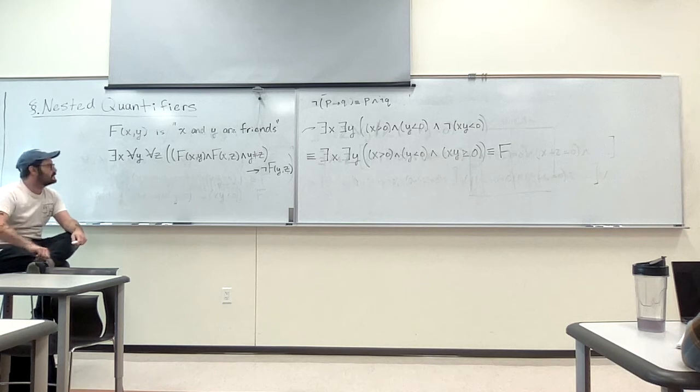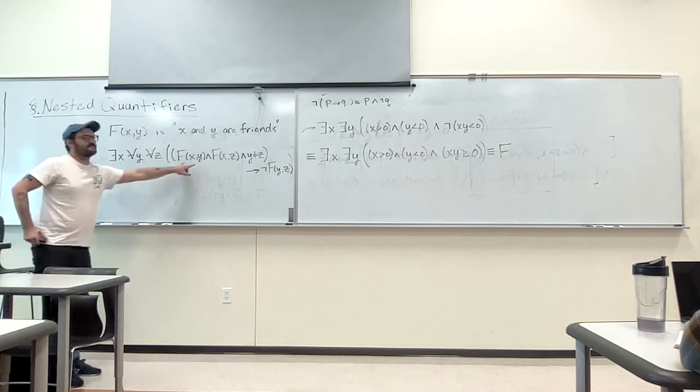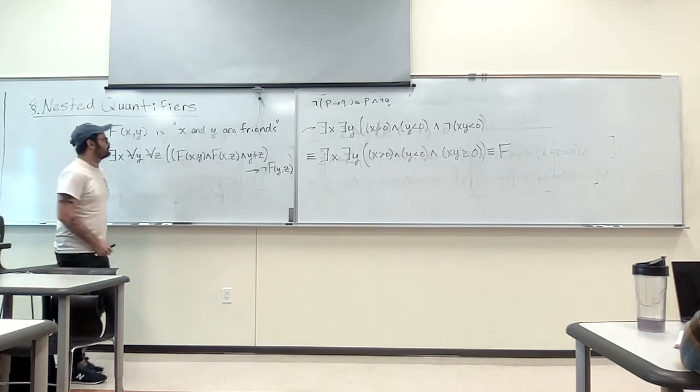Yeah, okay. So any more guesses? What's the symbol for y and z? Y not equal to z. Break it into its components. So we know x and y are friends. So okay, they're not friends.